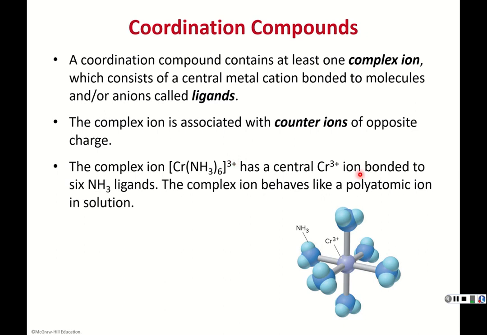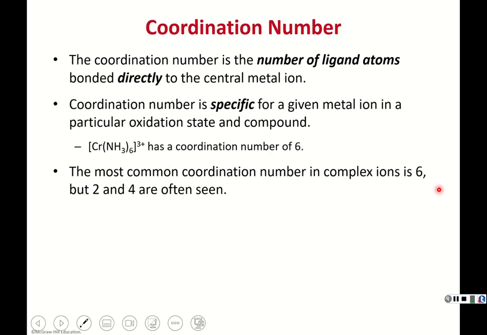All right, and again, this behaves like a polyatomic ion in solution, meaning that it stays together in solution as a whole molecule. The coordination number is the number of ligand atoms bonded directly to the center metal ion.